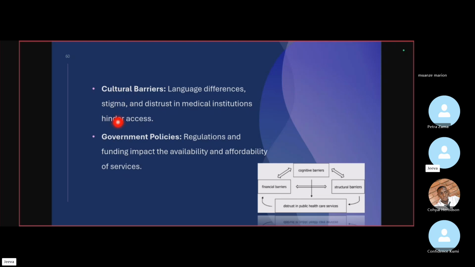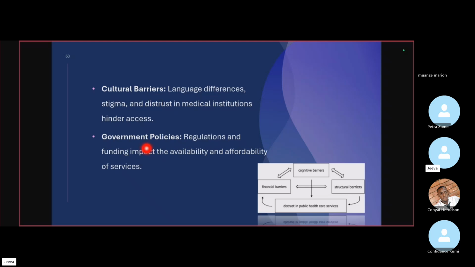Then distrust, like when you don't trust a medical institution, so you don't go for the treatment. Stigma, language barriers, all contribute to the cultural barriers, which can cause less accessibility to the medical services.